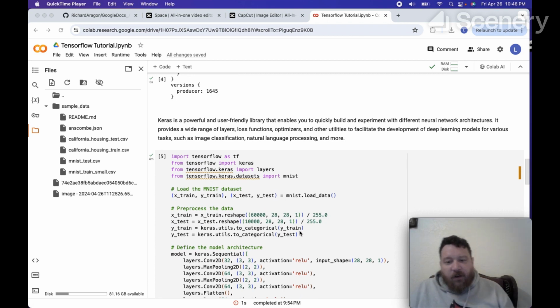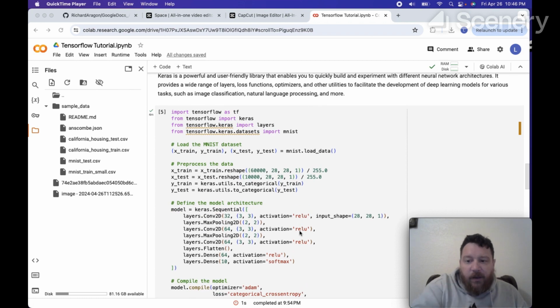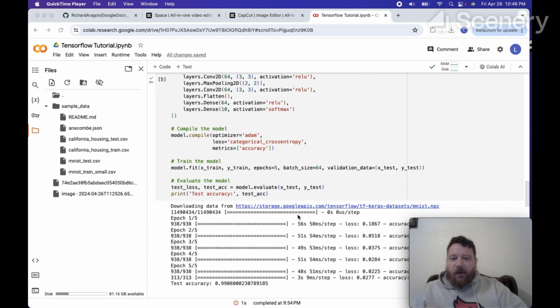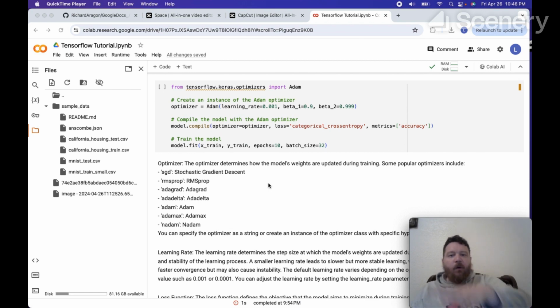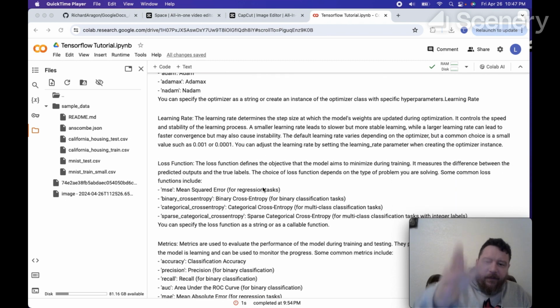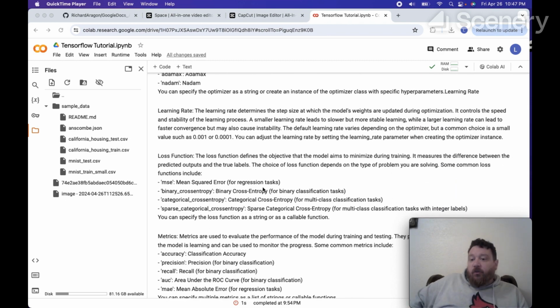Rather than doing all of this complex math behind the scenes, we get a simplified interface to build out neural networks, where we essentially just have to put in a few arguments, and then we can load models to train ourselves, or we can load models that are pre-trained overall. And we can see here a very simple and simplified example of all of that, and everything that we need to know about TensorFlow overall.